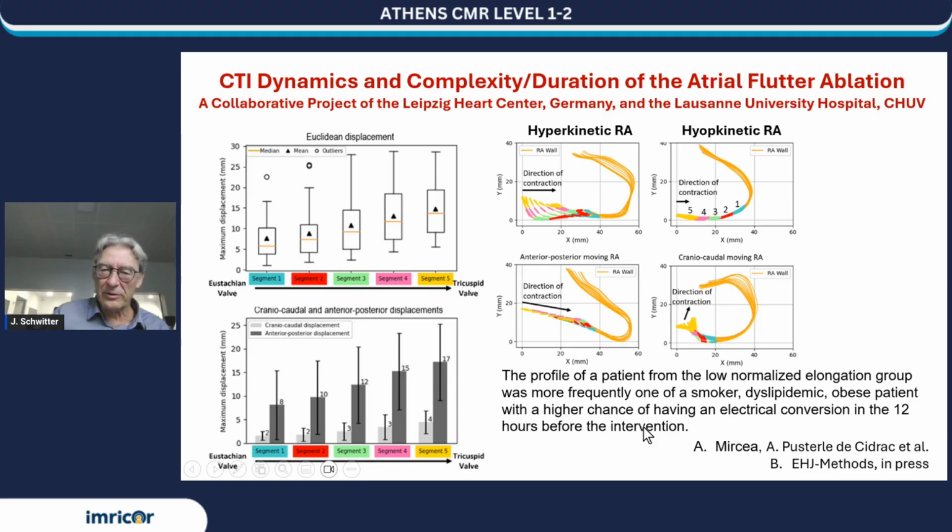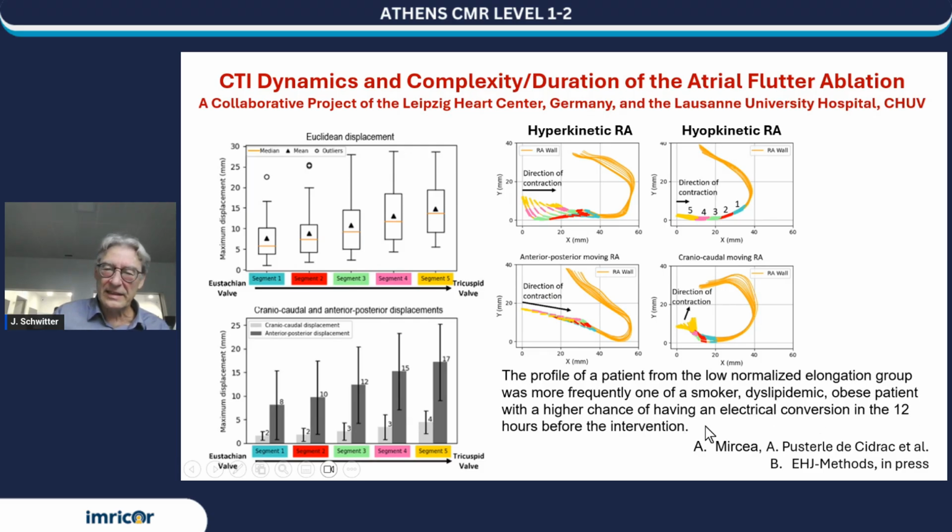And we also found that there is a correlation between this excursion of the isthmus motion. It is less evident in smokers, in patients with hypercholesteremia, and in obese patients, and in those, as I mentioned, which underwent electrical conversion before the intervention.